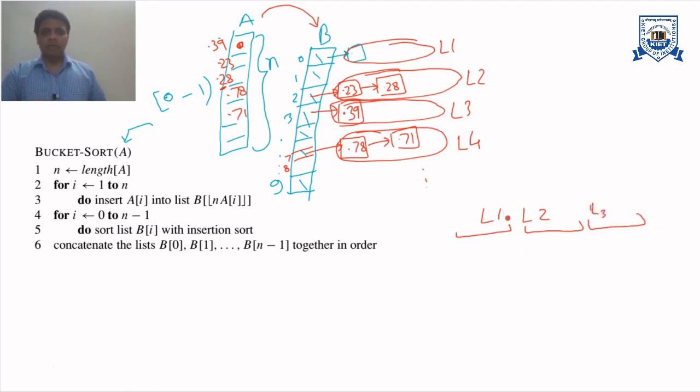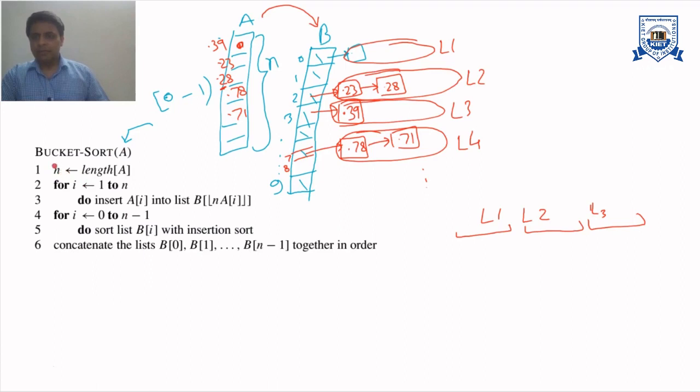Simply concatenate all the values: L1 concatenated by L2, concatenated by L3, concatenated by L4, and so on. Once we put all the data in concatenated form, our list will be sorted. So let's see how it is going to perform through this algorithm.